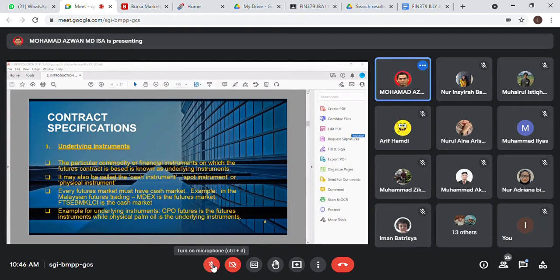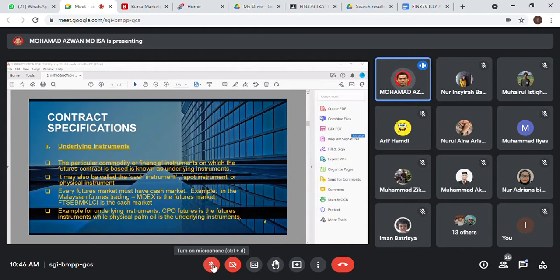Faham tak? Maksudnya, the 15 maturity date for the FCPO must be a business day. Okay, if the 15 date is not a working day or non-business day, then the maturity date of the FCPO will be the day before of the 15, which is a business day or working day.